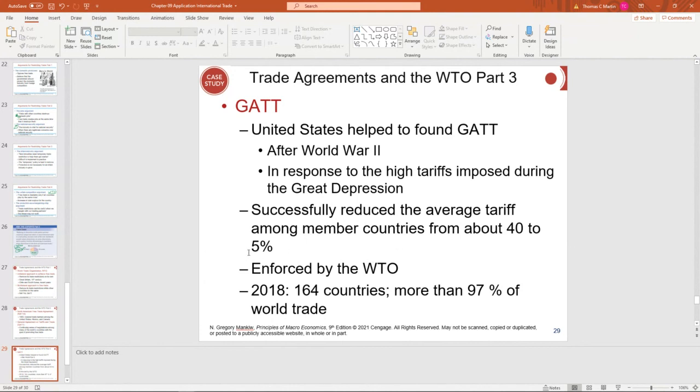Some of the actions against China were brought by the United States to the World Trade Organization. They ruled in our favor, but China just said, heck with it, sue me.